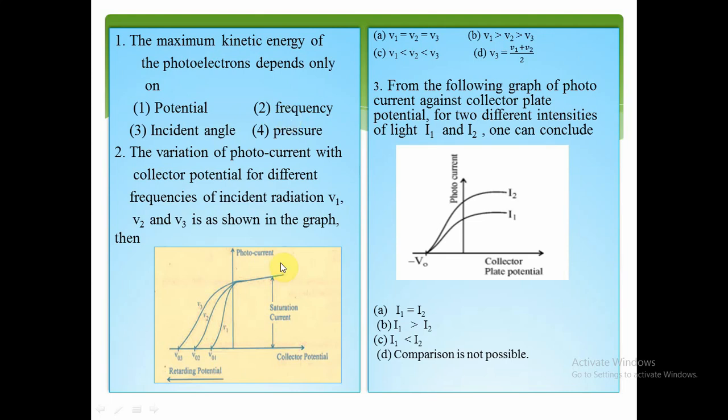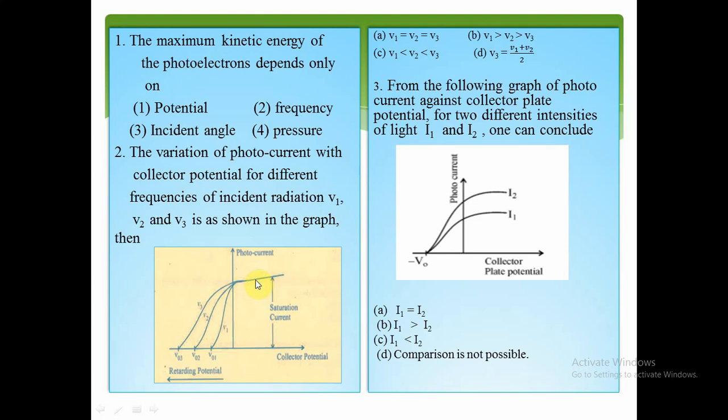Look at the second question. The variation of the photocurrent with collector potential for different frequencies of the incident radiation, nu 1, nu 2 and nu 3, is as shown in the figure. If you observe the diagram properly, there is a saturation current.